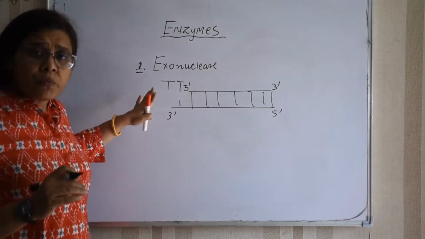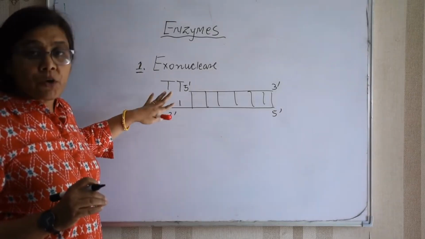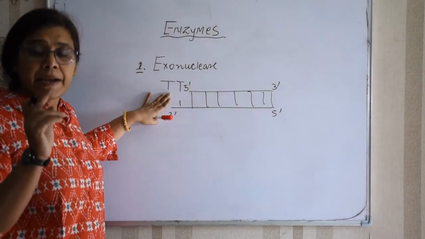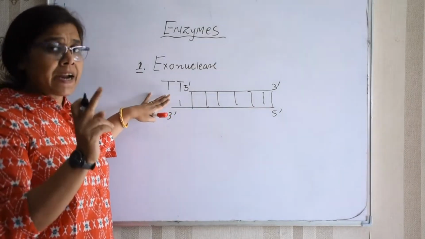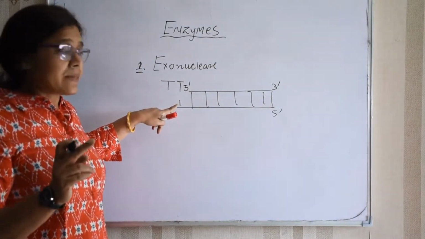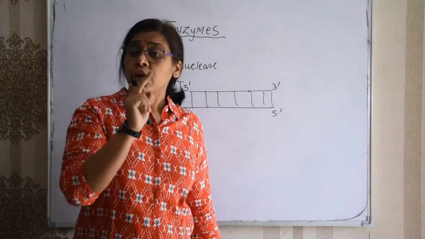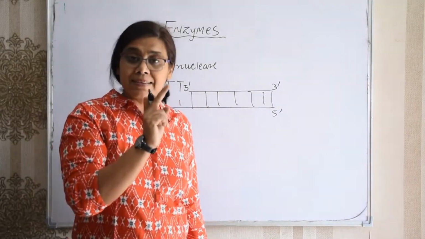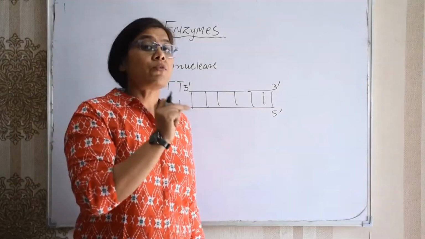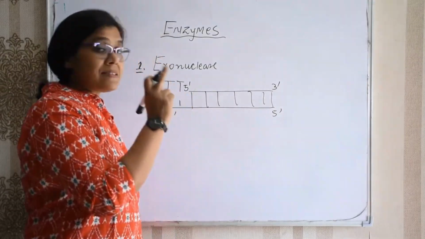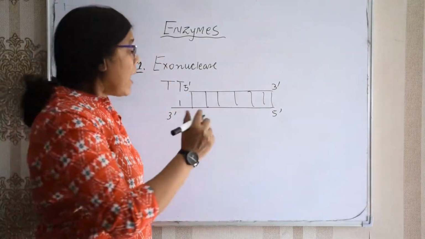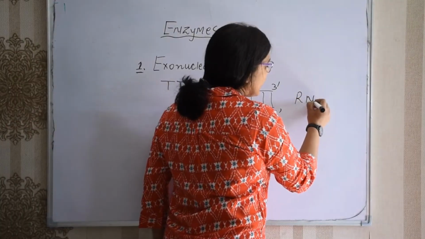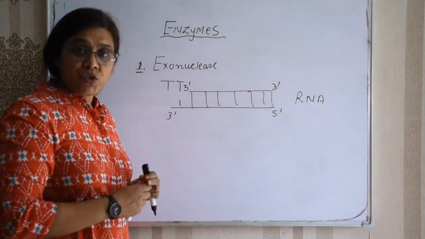Exonuclease removes the terminal nucleotides from the terminal end of one of the strands of the DNA duplex. It removes the nucleotides only from the DNA. It doesn't cleave RNA. RNA is not cleaved by exonuclease.